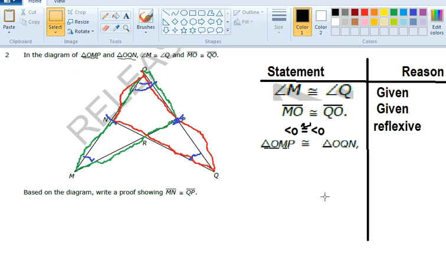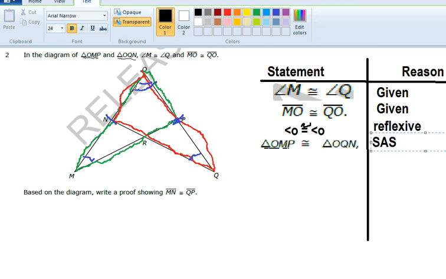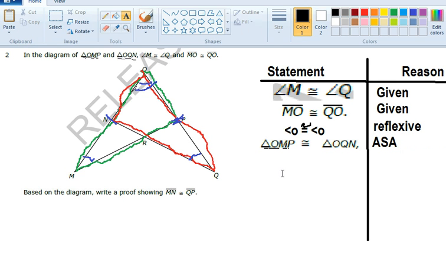Okay. Triangle OMP is congruent to triangle OQN, and I know that by side angle side. Or sorry, angle side angle. Angle side angle.